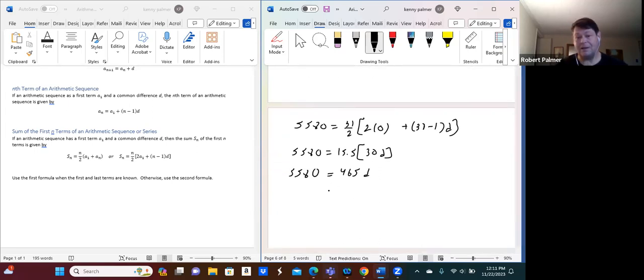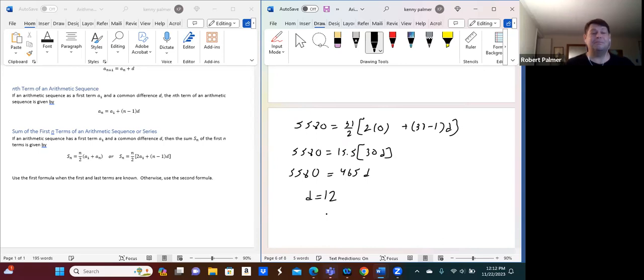So we have 5,580, and then divide that, and we get what d is. Now, in general, d can be positive or negative. It has to be a constant, but it could also be a fraction of some kind. That could happen. We'll see if it is. 5,580 divided by 465. No, turns out d is 12.